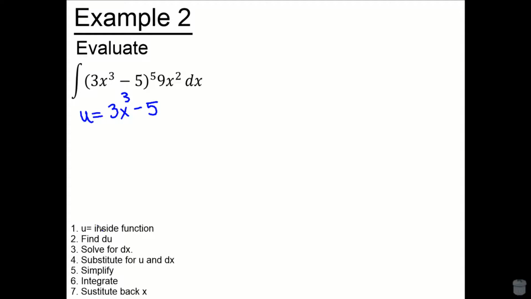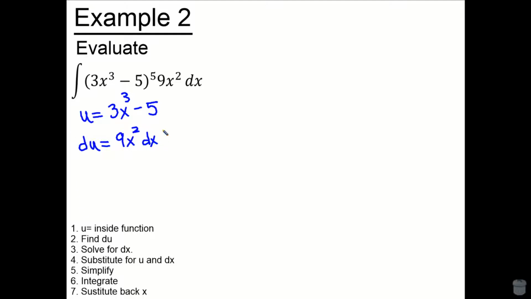That's the first step. Second step, find du, meaning take the derivative of both sides. The derivative of 3x cubed minus 5 is 9x squared dx. This is what I mean where a lot of others don't require these two parts, in terms of solving for dx.